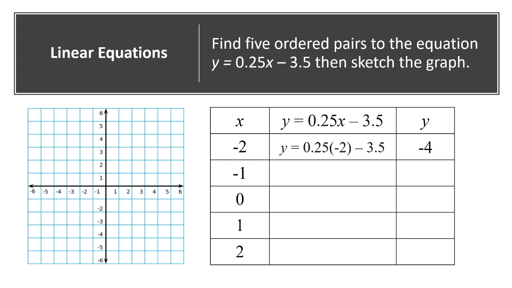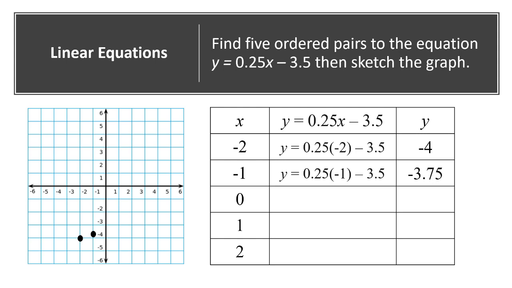To plot the point, we go to -2 and then to -4 on the y, and we get this point here. Next would be -1. 0.25 times -1 minus 3.5 becomes -3.75. That's going to be hard to graph exactly, but we estimate the best we can. So plotting that point, it will be somewhere around here.